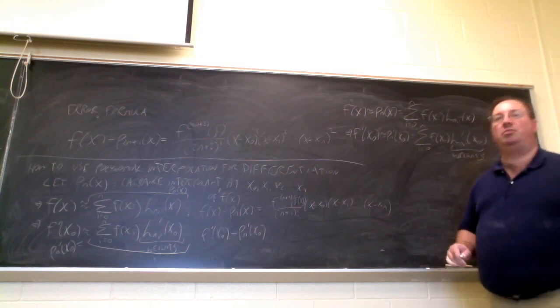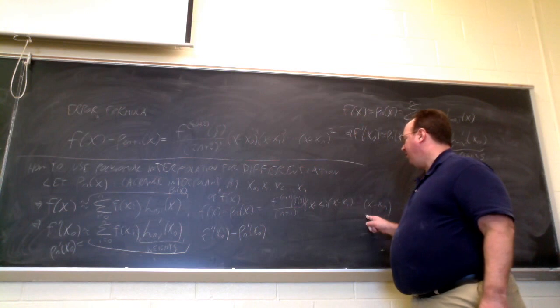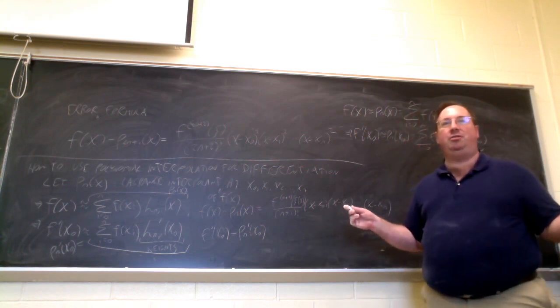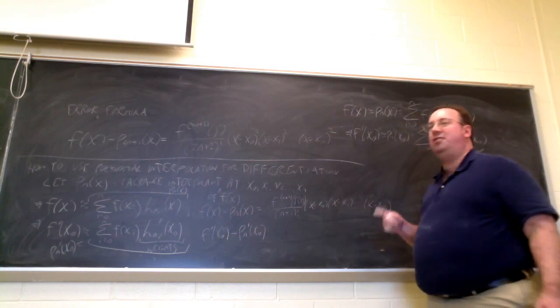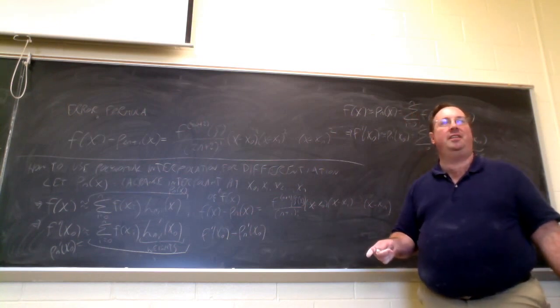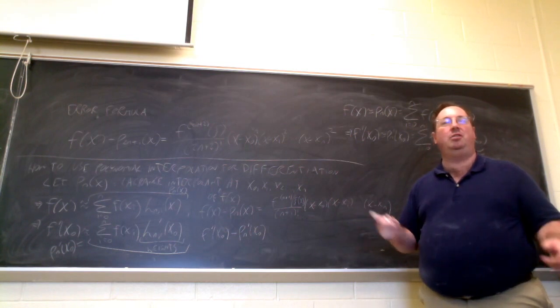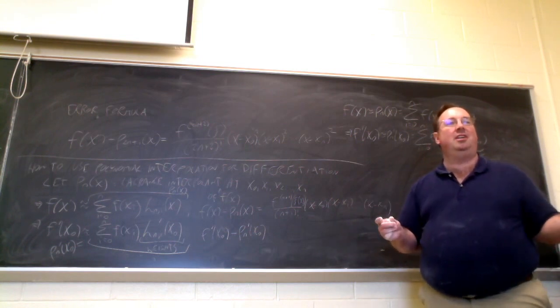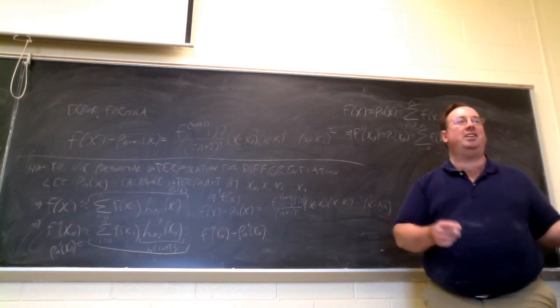Because when I do product rule, I'll have n plus 2 terms, and in each term, one of these factors gets differentiated. But if almost all of these terms are going to have an x minus x naught in them, the only one that doesn't is the one where x minus x naught gets differentiated.